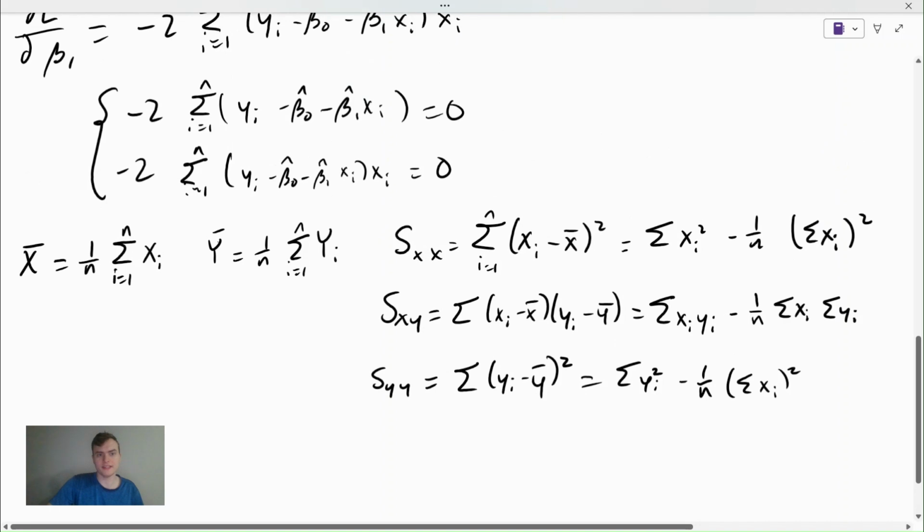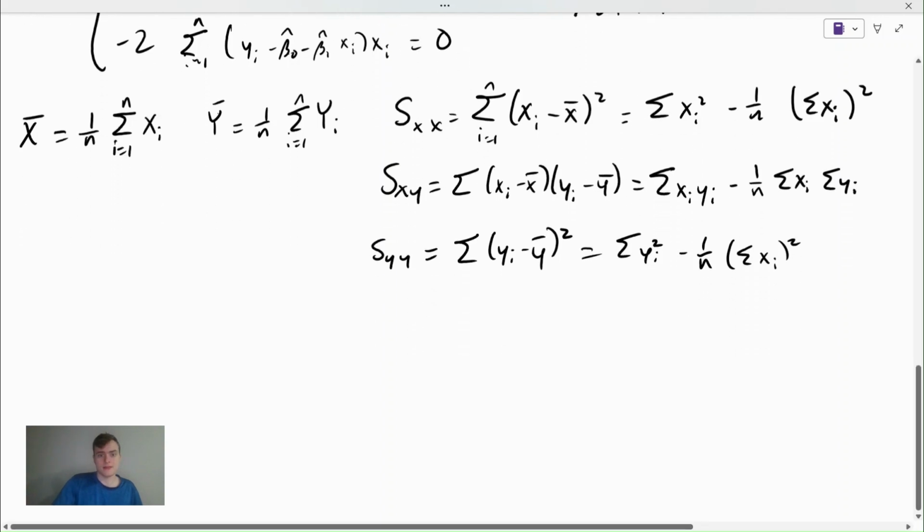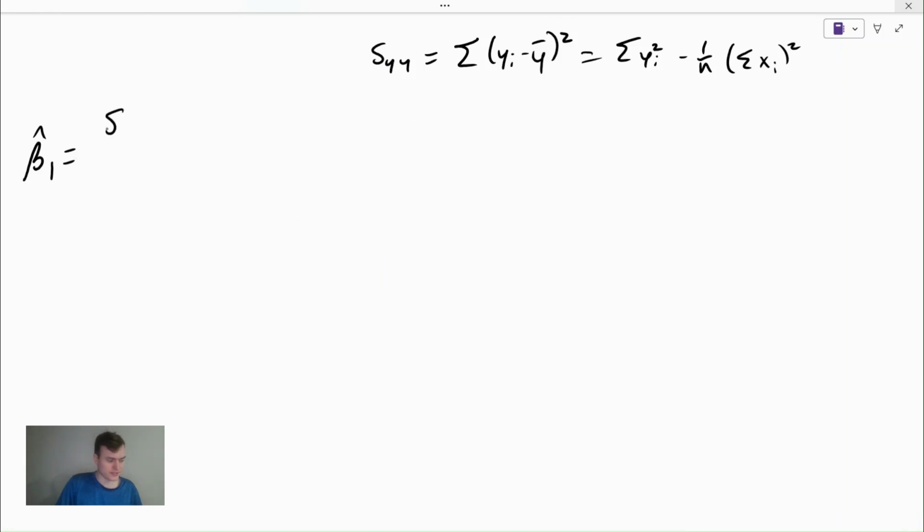And so given that, we can express this solution, beta 0 hat and beta 1 hat, down here. So beta 1 hat equals Sxy over Sxx, right?